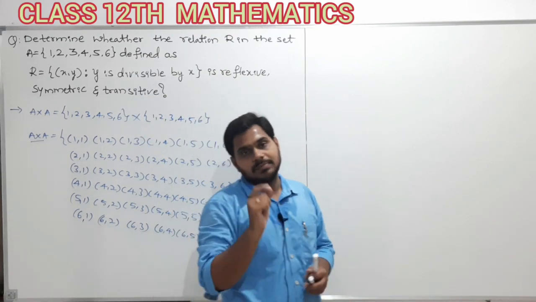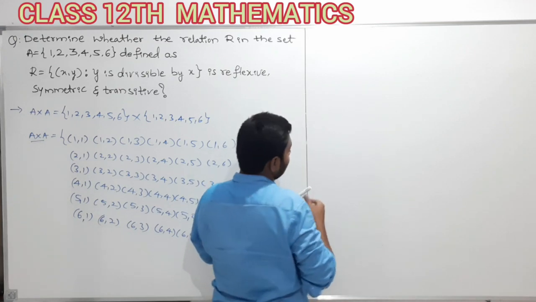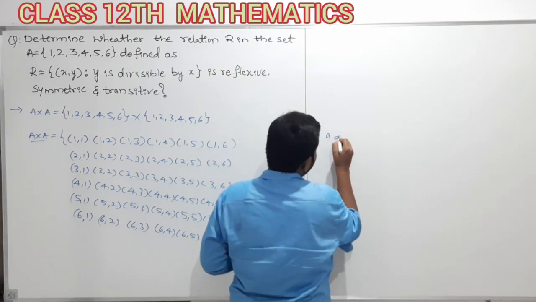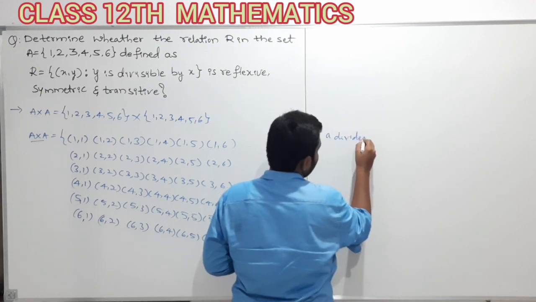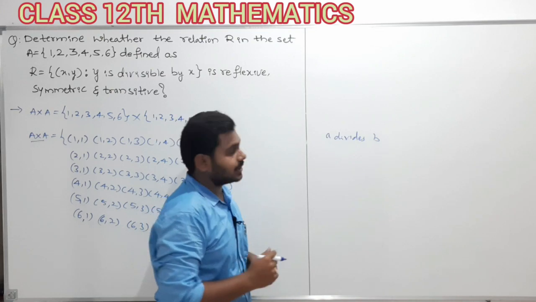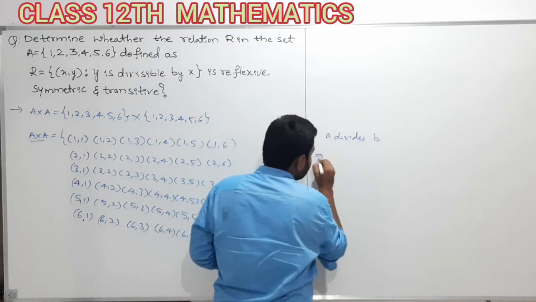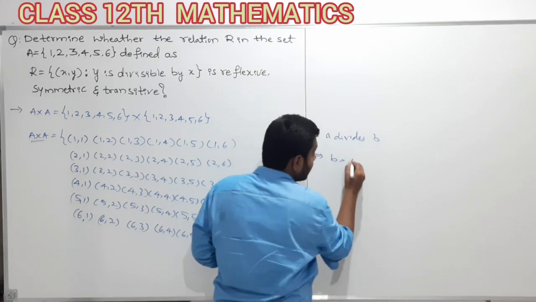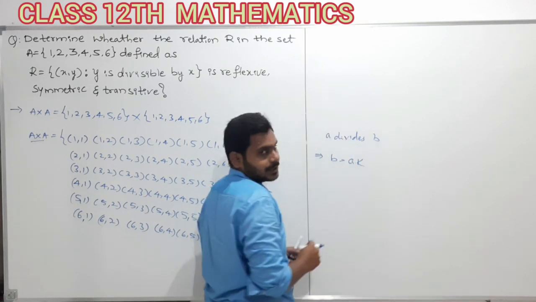My dear students, please remember, we have already learned this, but still we may have confusions. A divides B, what is the meaning? A divides B means that B can be written as A into some constant.